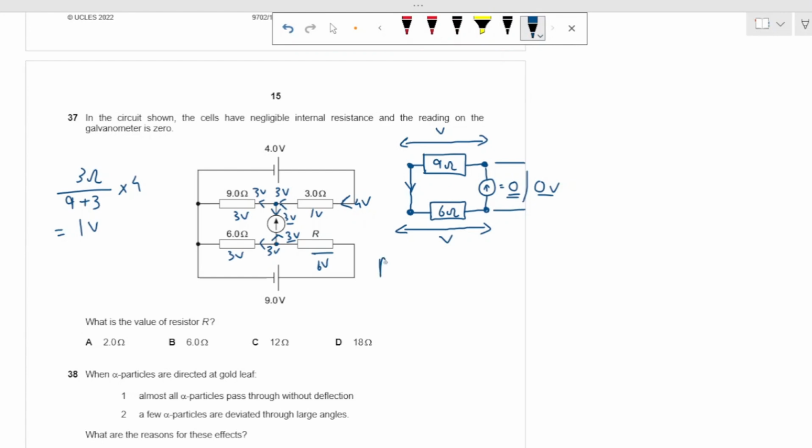So we have R over R, again taking the ratio of the resistor, plus 6 as the total, multiply by 9, total voltage, is equal to 6 volts.